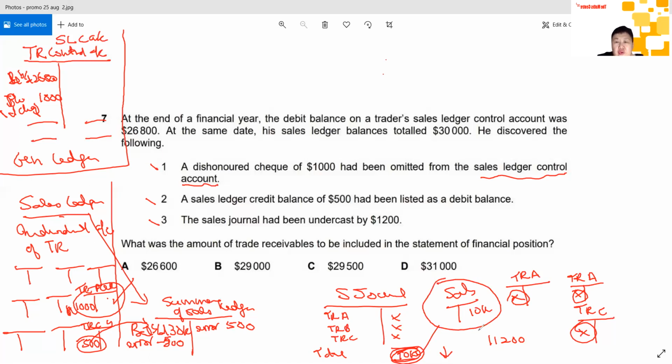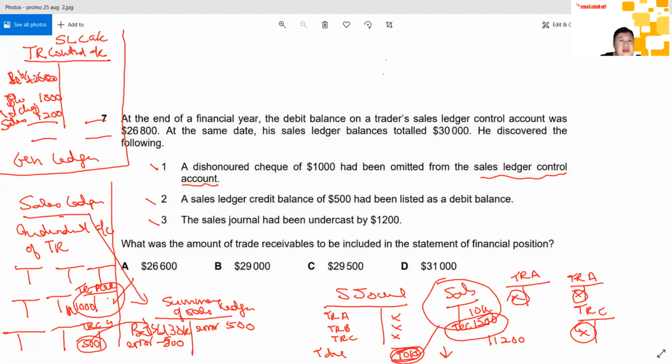When you are going to restore it, you will credit the sales and debit your trade receivable. So the entry you're going to do is to restore your sales by 1,200 and debit 1,200 here, and call this sales. Okay, cool.